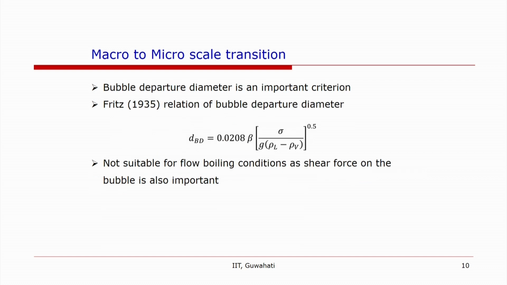So another set of criteria has been suggested based on the bubble departure diameter. When nucleate boiling occurs in microchannels, one criterion can be when the bubble departure diameter is equal or comparable to the size of the channel.